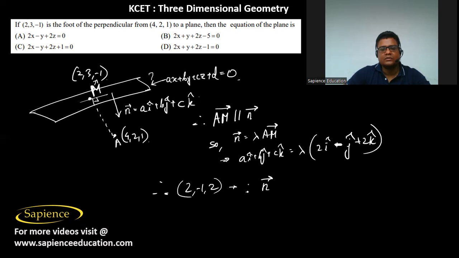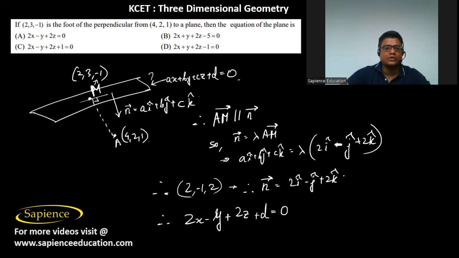Therefore the normal vector is 2 i cap minus j cap plus 2k cap. So the equation of the plane is 2x minus y plus 2z plus d equals 0.